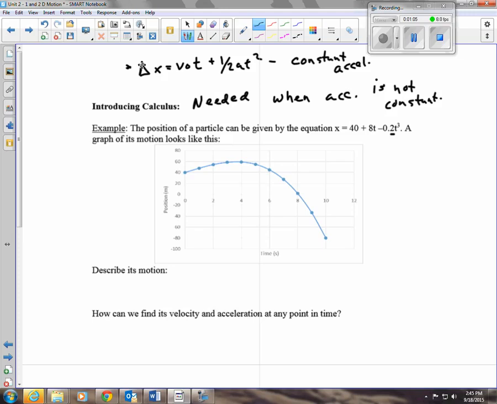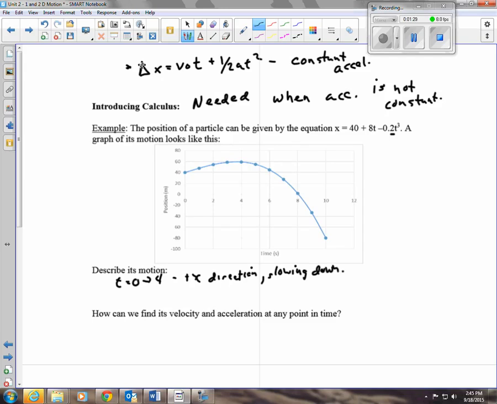So if I graph that function, I end up with this curve, and I could say that from t equals 0 to about 4, it is moving in the plus x direction. Maybe it's slowing down gradually.